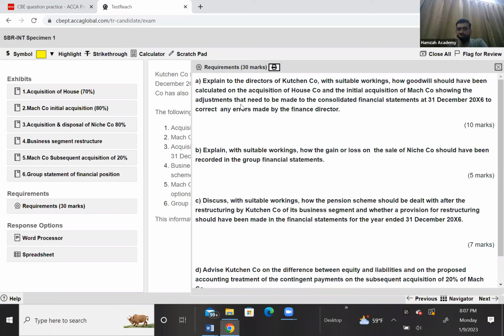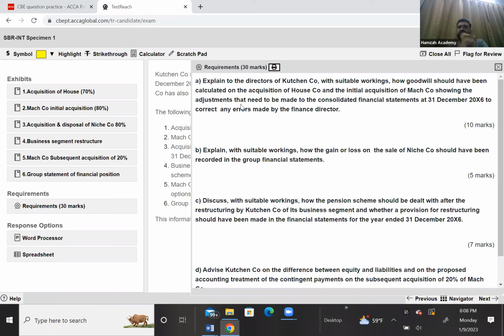Explain to the director. At FR level, there is nothing like explain. There it is prepare a consolidated balance sheet, prepare financial statements, or do ratio analysis, or there would be OT questions only.